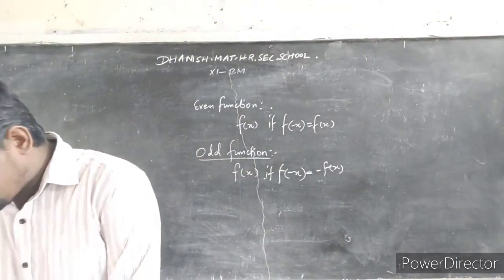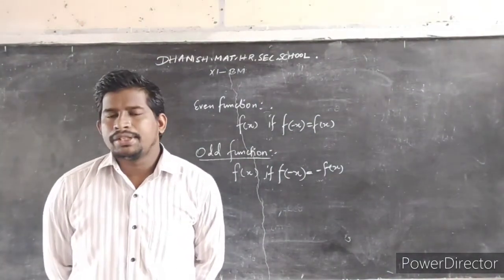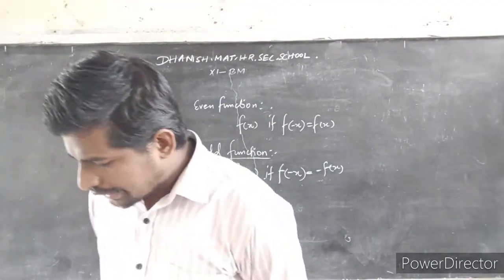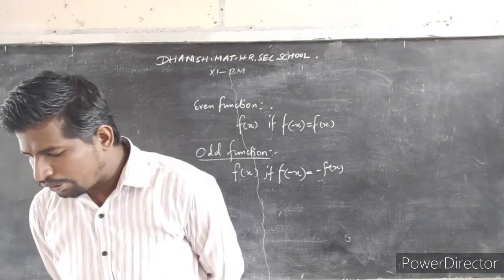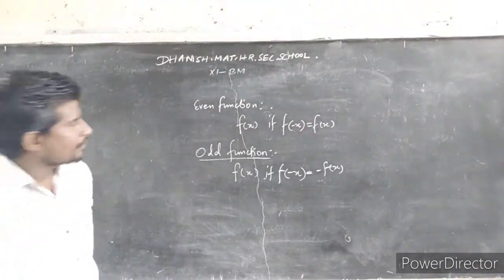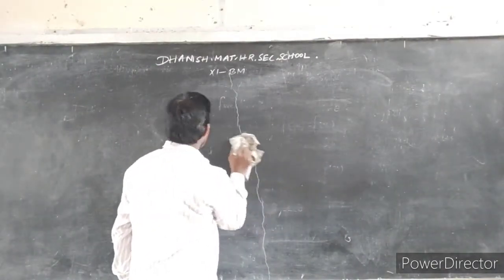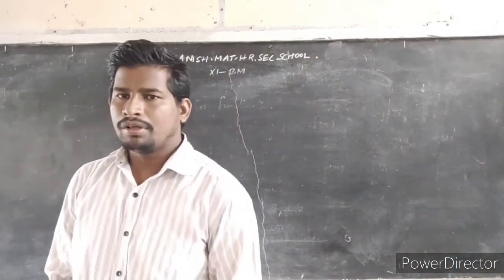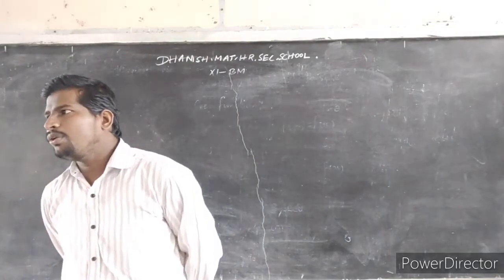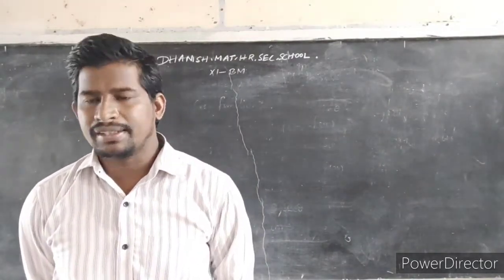Now, trigonometric ratios of allied angles. Two angles are said to be allied angles when their sum or difference is either 0 or a multiple of 90 degrees.